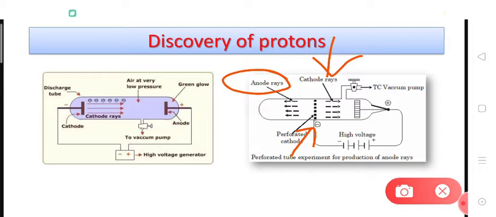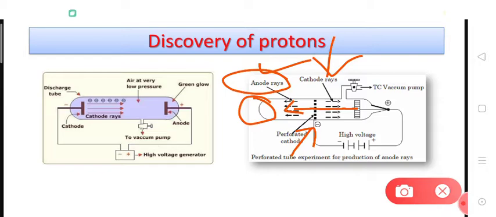When he took a perforated cathode like this, he observed that certain rays originated at the anode, passed through the pores or canals of the cathode, and produced a glow on the opposite end of the glass tube. These rays, which originated from the anode, were called anode rays, and later it was discovered that anode rays were made up of positively charged particles.